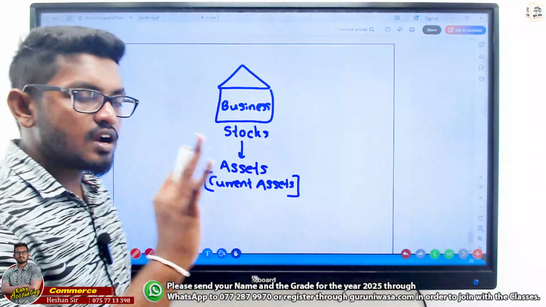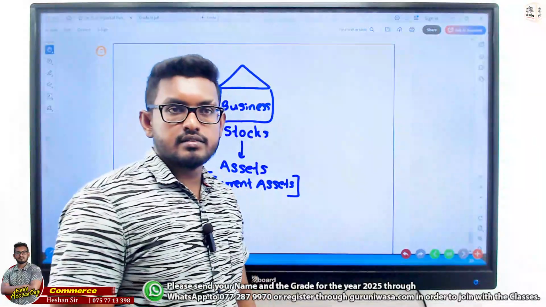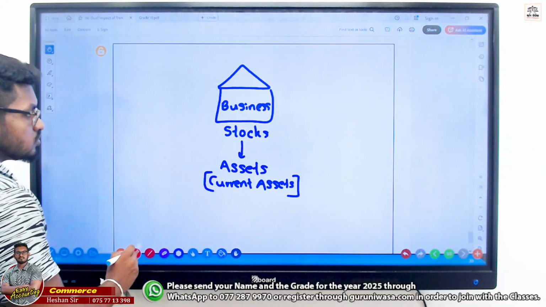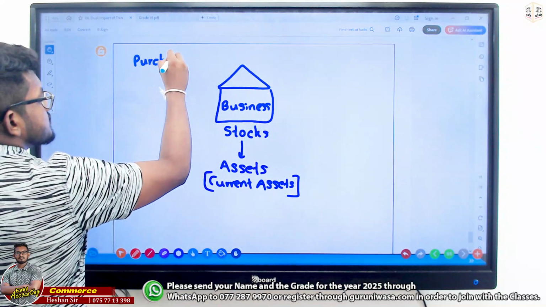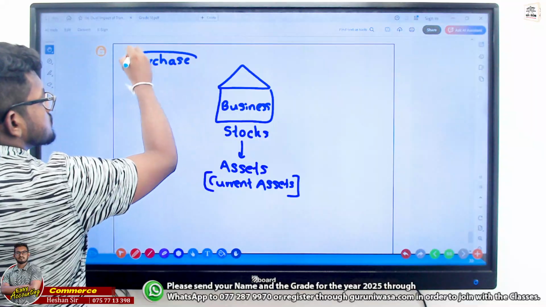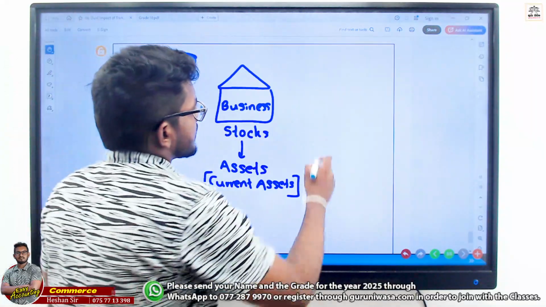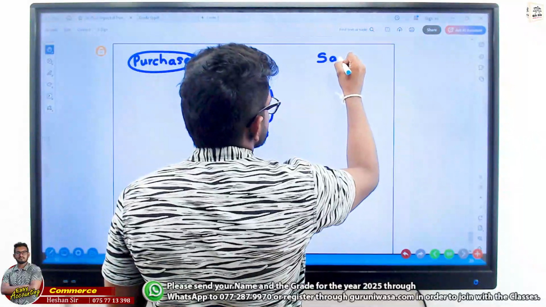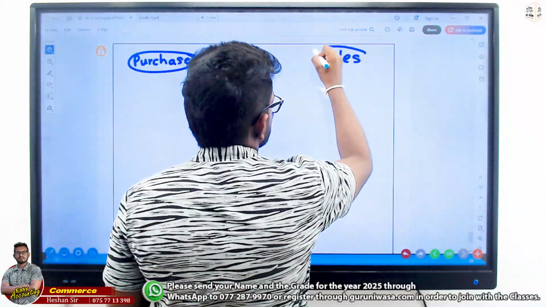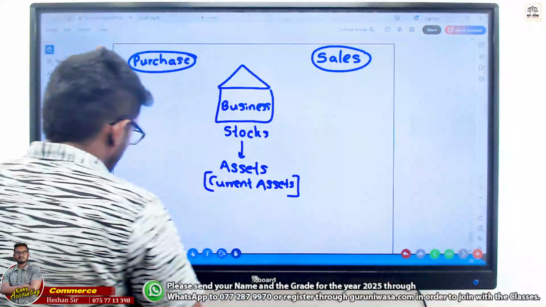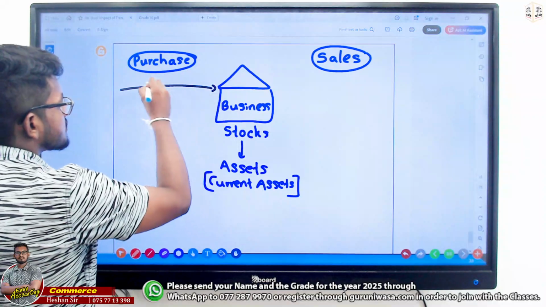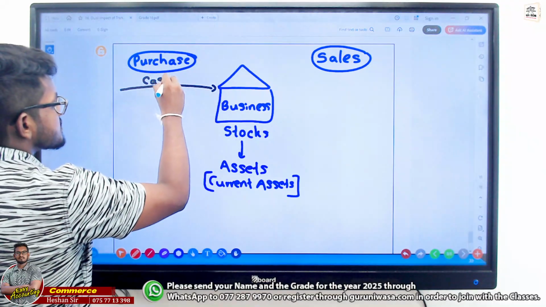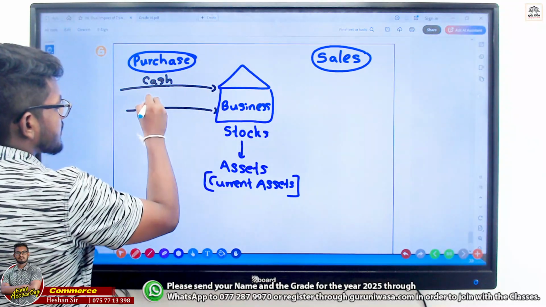This part is really important. Listen to it carefully. Now, I'll write the stocks purchase under this side and stock sales under this side. We purchase stocks in two ways: on a cash basis and a credit basis.